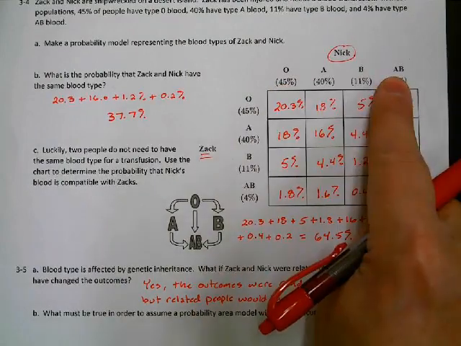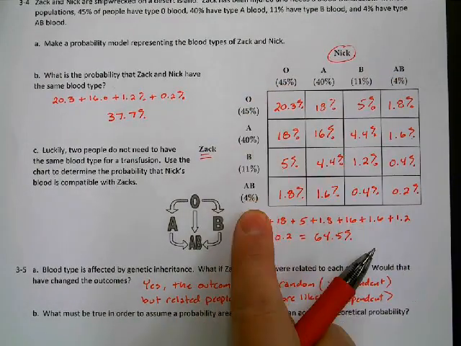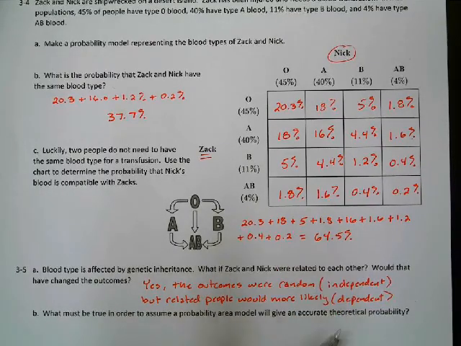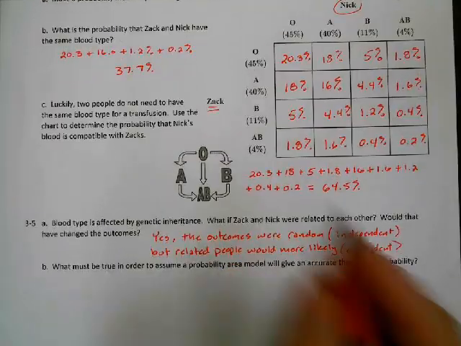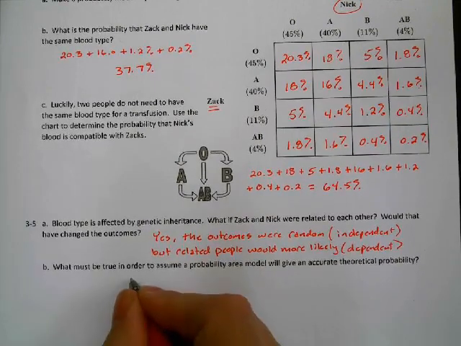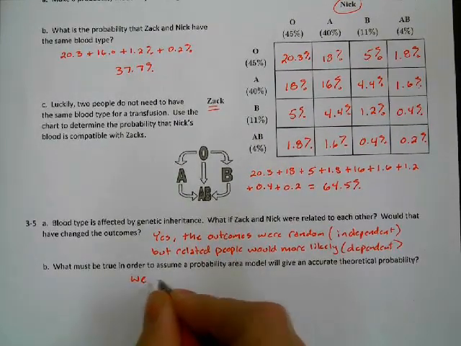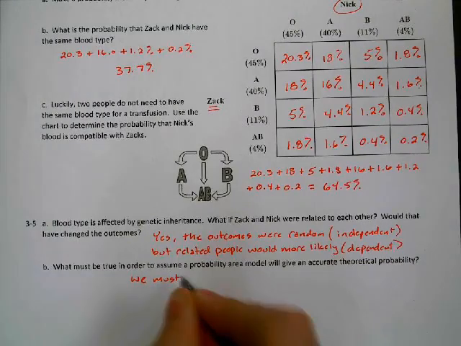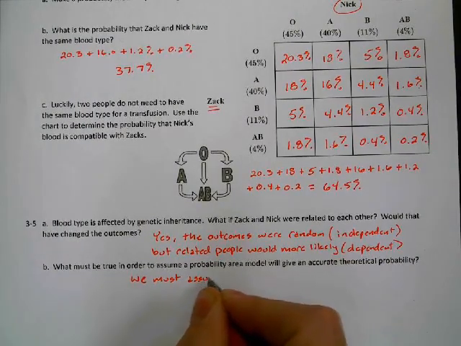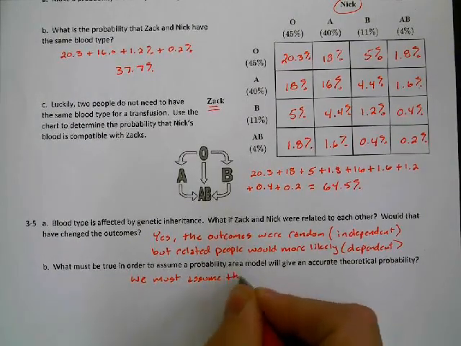So we're like the whole thing about being related to each other. We're assuming that one is not affecting the other, that they're independent of each other. So we must assume that they are independent. And we would say the events are independent.